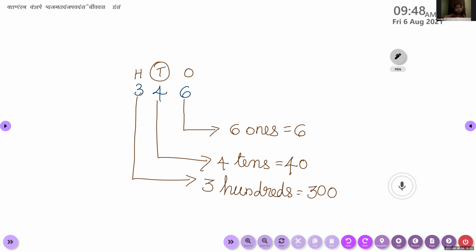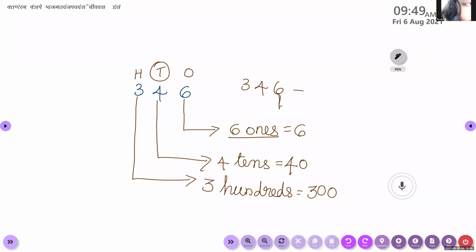Each digit in a number has a place in the place value chart. According to the place, each digit gets some value. This value is called place value. Here in the number 346, what is the place value of 6? 6 ones.